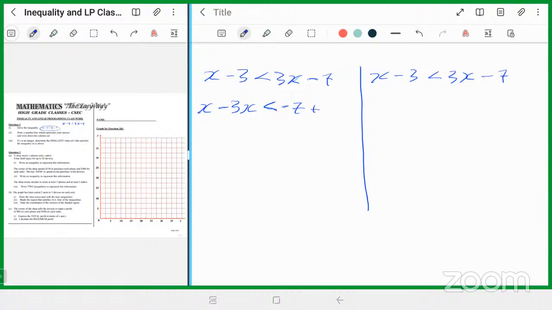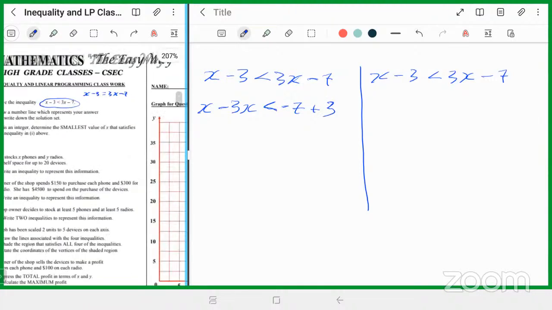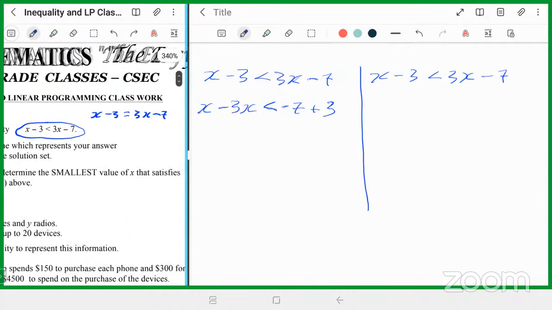You're transposing the same way as you would in an equation to make x a subject. Now this is x minus 3x, which is negative 2x. The sign stays less than, since I did not multiply or divide. And negative 7 plus 3 becomes negative 4.